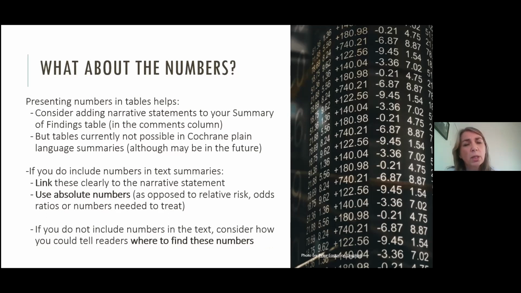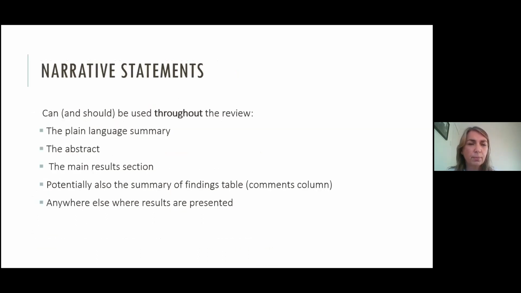And if you don't include numbers in the text, consider how you could tell readers where they can find those numbers. If you want to go for something relatively simple, such as the example here about probiotics and antibiotics, you can include a link and say, this is where you can find the numbers. I realize that was very rushed.